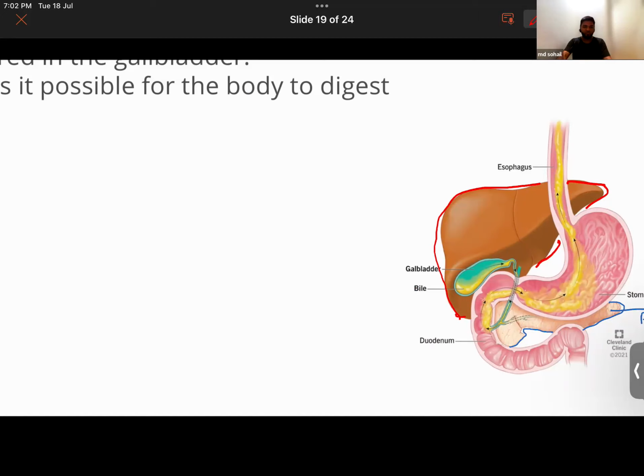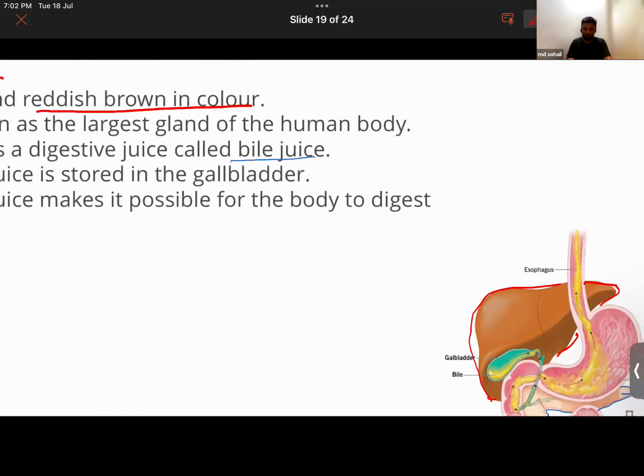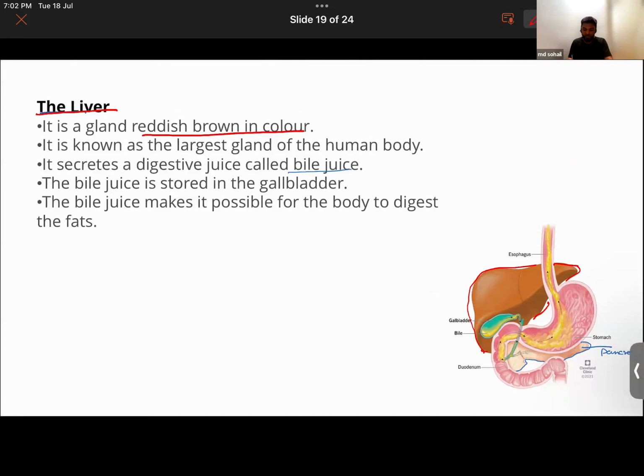So that is your liver over here. It is the largest gland of the human body. It secretes bile juice, whose function is to break down the fat.